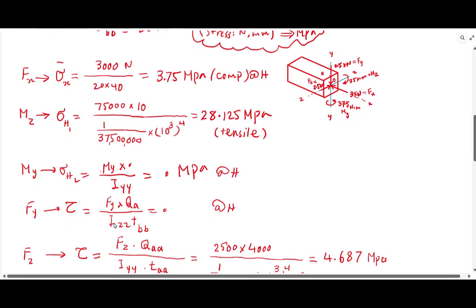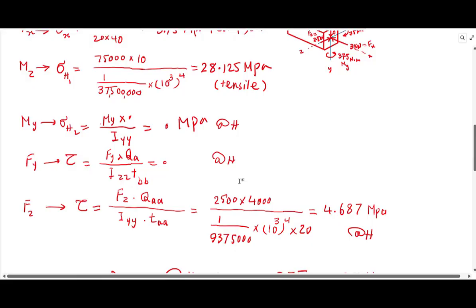And finally, due to Fz, the neutral plane becomes AA or the YY axis, and here you just put in the numbers and get 4.687 megapascal developing at point H. So just to repeat, all the forces are in newton, dimensions in millimeter, and that gives you megapascal for shear stress.